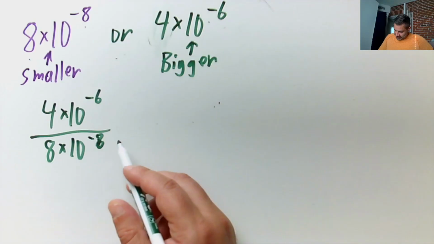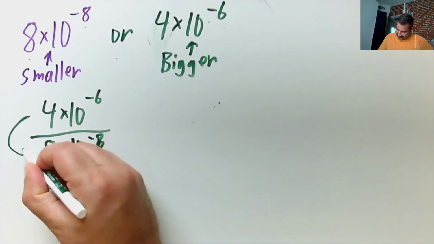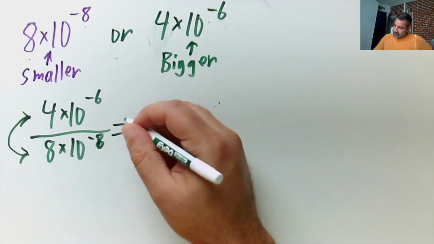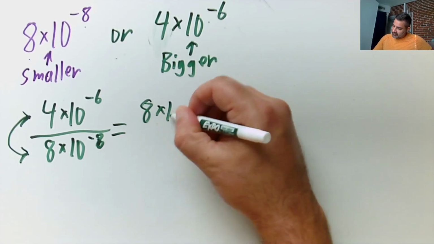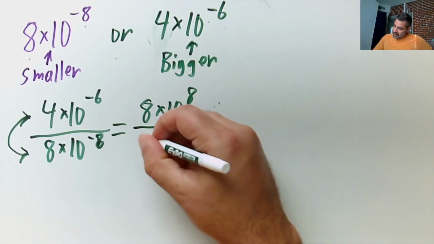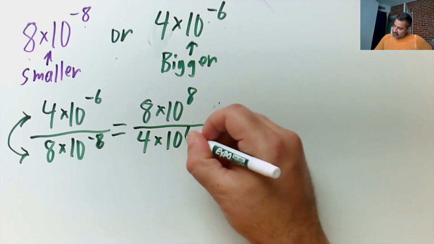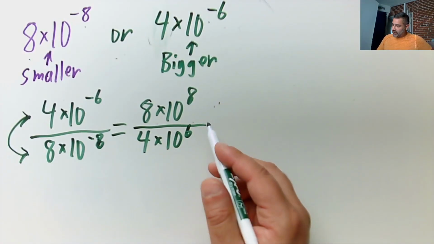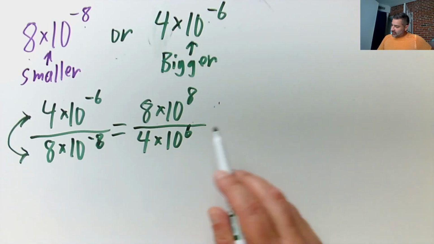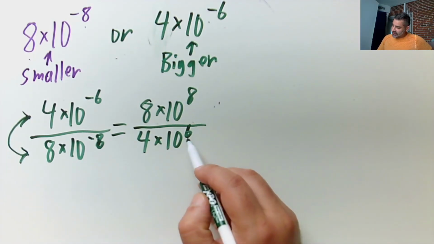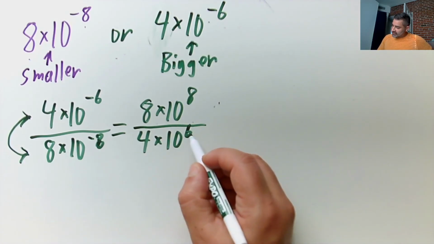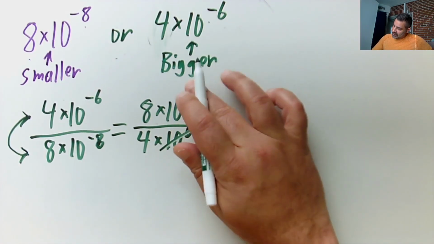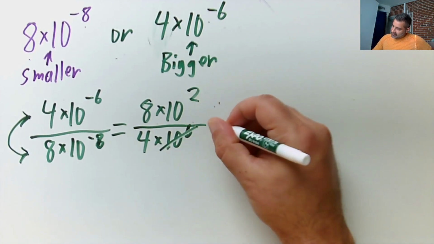So we switch both of these and make our exponents positive. This is equal to 8 times 10 to the 8th divided by 4 times 10 to the 6th. Instead of writing out all those tens, we could just subtract. We got 8 tens on the top, 6 tens on the bottom, so 6 tens cancel out and we'll be left with 2 tens.